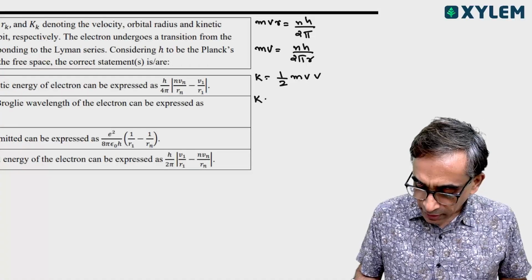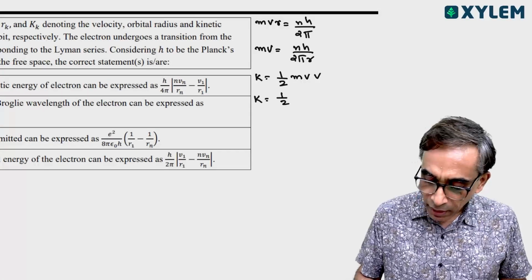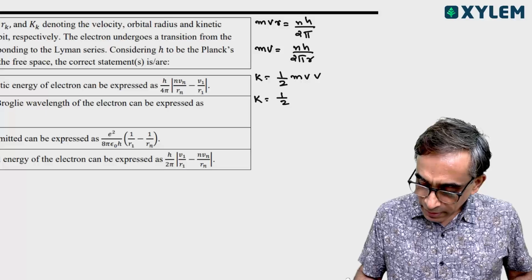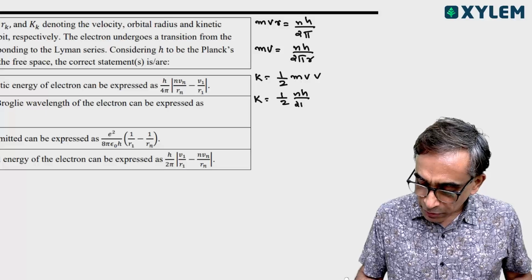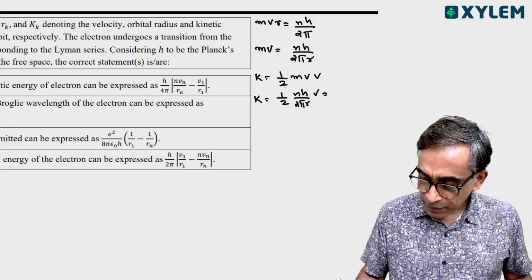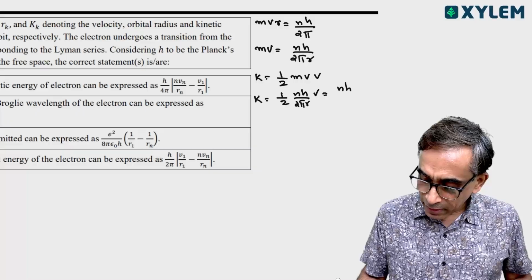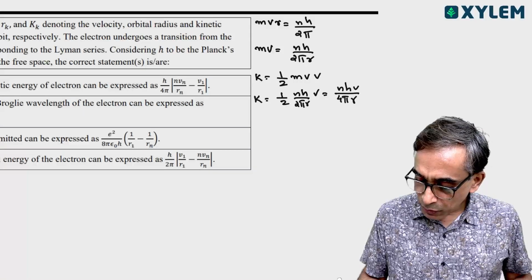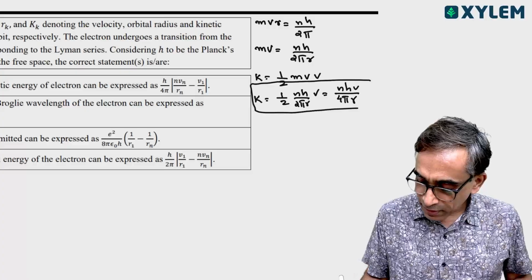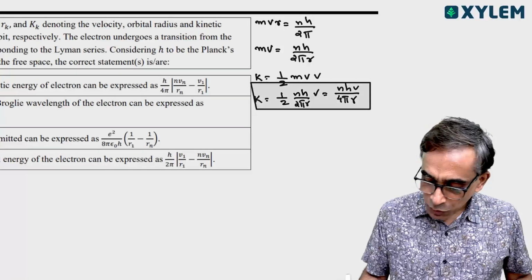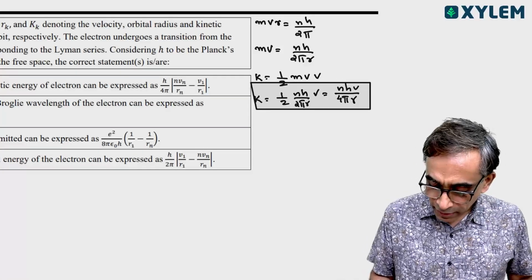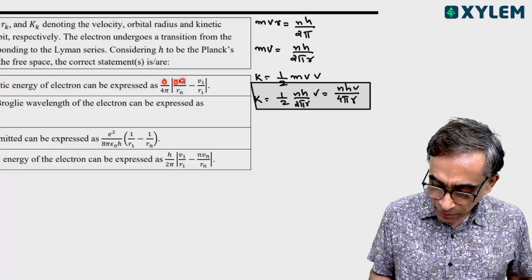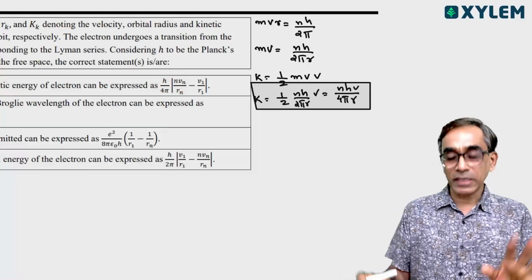So the kinetic energy will become half into nh by 2 pi r into v, which gives nhv divided by 4 pi r. Isn't that your form here? nhv by 4 pi r, same thing. So now it's easy.